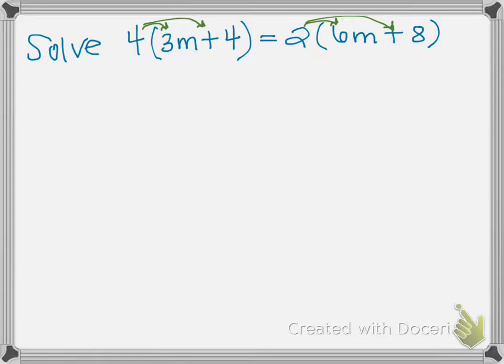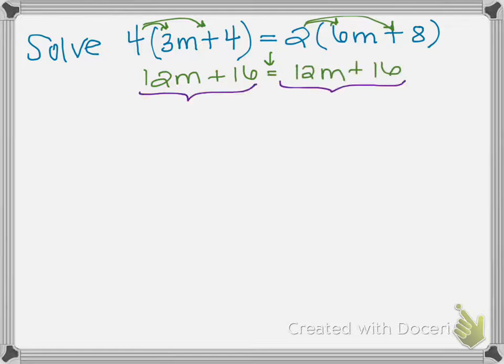Now here's another problem. I see 4 times, in parentheses, 3m plus 4 equals 2, in parentheses, 6m plus 8. So as we would normally start working out this problem, we would distribute that 4 and that 2. And then we end up with 12m plus 16 equals 12m plus 16.